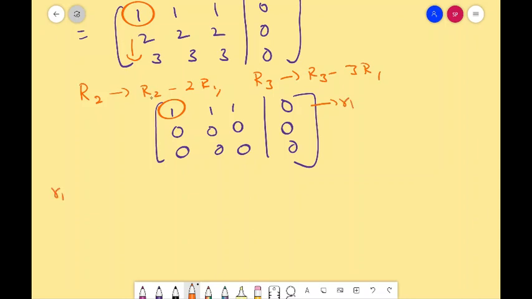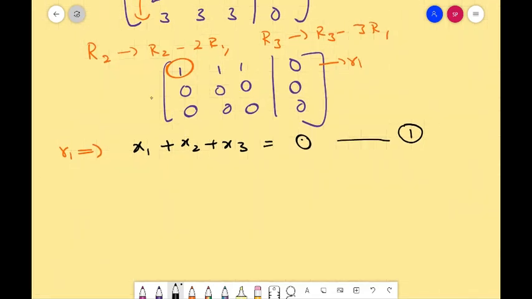So R1 implies x1 plus x2 plus x3 is equal to 0. Only this equation we have with us; let it be equation 1. Only one equation, three variables, so we take any two variables as free.